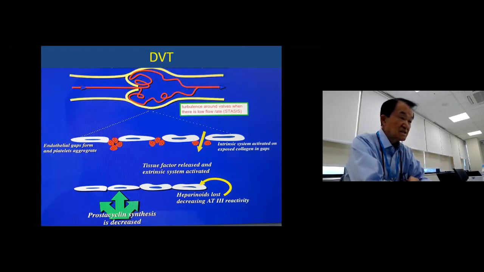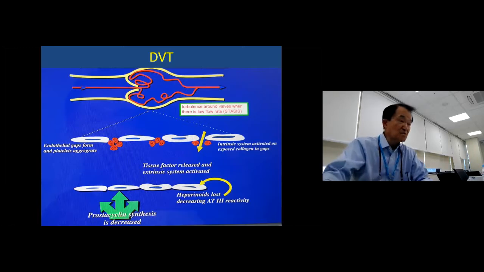As you see on this slide, deep vein thrombosis usually occurs in the lower leg or lower thigh. This is a venous valve, which prevents regurgitation. Flow should move continuously towards the heart in the venous system.